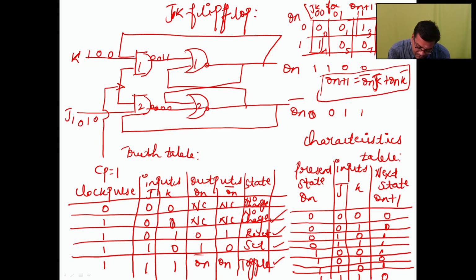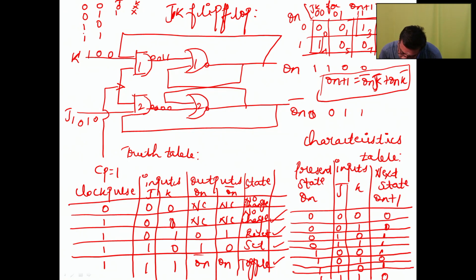In the excitation table, now we are going to consider 0 0, 0 1, 1 0, 1 1. When the present state is 0 and the next state is 0, what is the JK? 0, don't care. Present state 0, next state 1: 1, don't care.